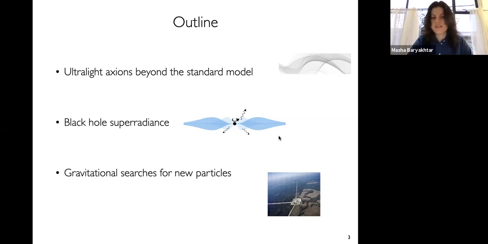Importantly, this does not necessarily require these particles to already be out there as dark matter or background density. This can happen for any particles that exist in the Lagrangian of our universe. And then I'll talk about gravitational searches for these new particles.